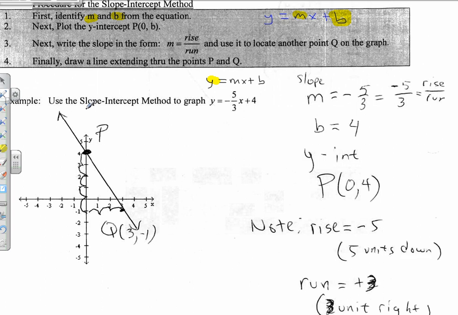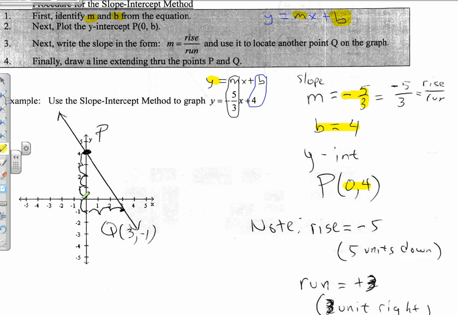So you can see that the m is going to be negative 3 over 5, and b is going to be 4. So over here on the side, I've written these already. m is negative 3/5, and b is equal to 4. So first, let's look at b. b is equal to 4, so that means that the y-intercept is going to be 0, comma 4.